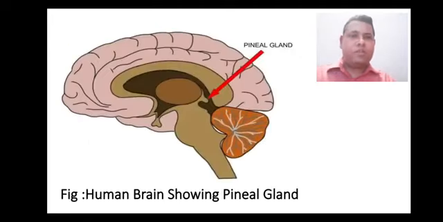You can see the diagram of the brain and the exact location of the pineal gland. It shows the human brain with the pineal gland.